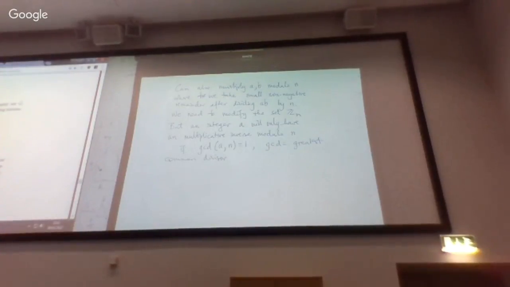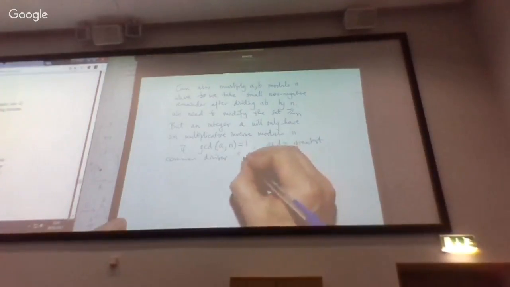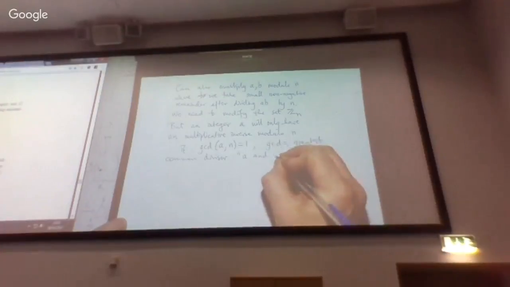In order to have an inverse, the two numbers have to be like that. Another way of saying this is that a and n are co-prime.